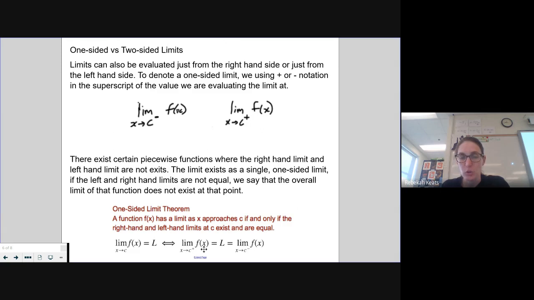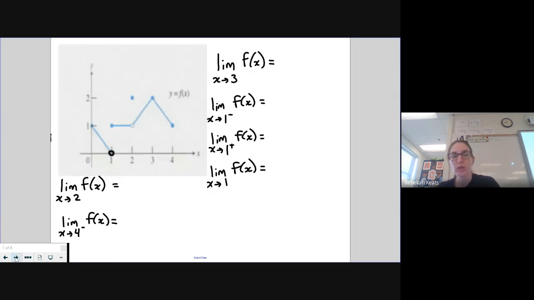So the limit of the function as x approaches c from the right is equivalent to a value L, which is equivalent to the limit of f of x as x approaches c from the left. If those two things are equal, then we can say that the limit of the function exists at that point. Briefly, let's look at an example.